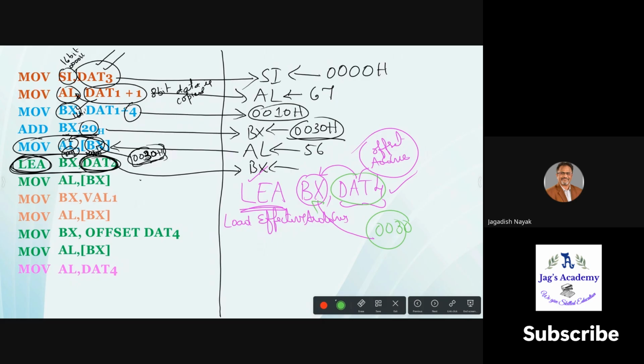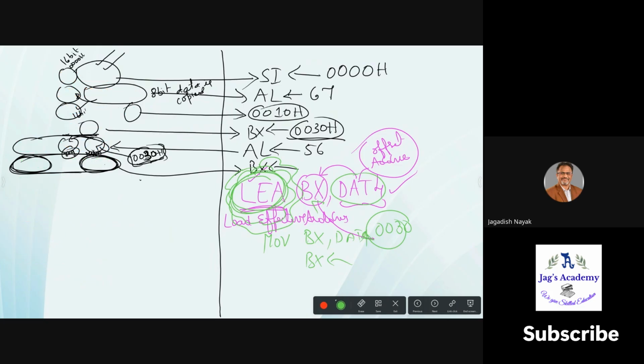That is the function of load effective address. You understood? In a move instruction, suppose I say move BX, DAT4, now tell me, what is the content of BX register? The 16-bit data from DAT4.